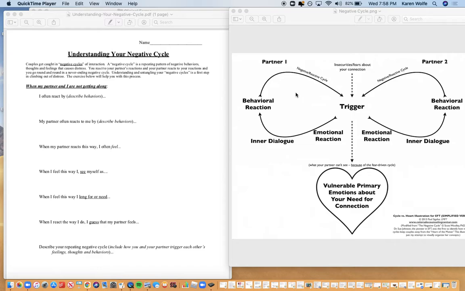And so this sheet over here explains what a cycle is. Essentially, what happens when we experience a negative interaction pattern or cycle with our partner is that our partner does something. This is a behavioral reaction.